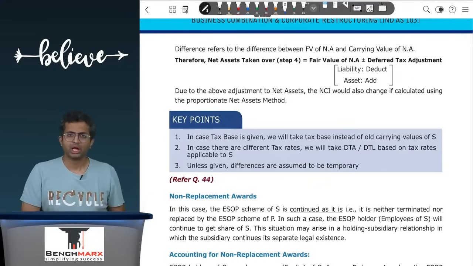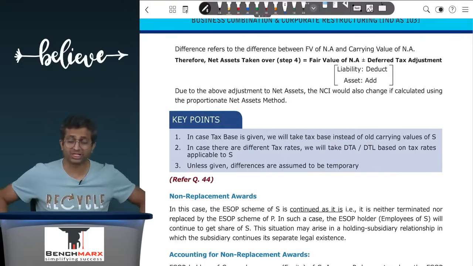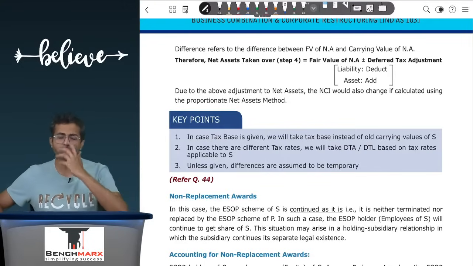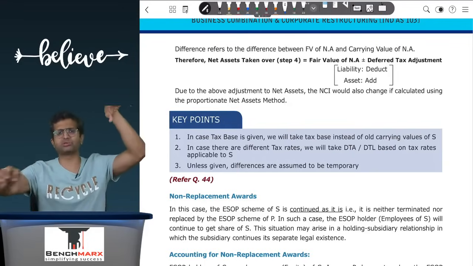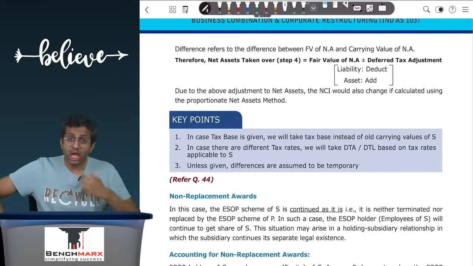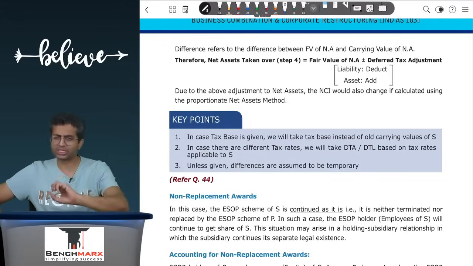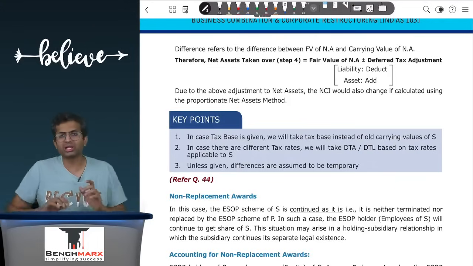Okay. Next, there are a few special cases not very important from an exam perspective, like a non-replacement award. What do you mean by non-replacement award? There are ESOPs in the selling company's books, like Tata acquires 100% equity stake in JLR, and JLR had an ESOP scheme. Now, ideally, Tata will take over the ESOP scheme of JLR and agree to issue shares of Tata Motors to the employees of JLR. Now, JLR's employees are British employees.